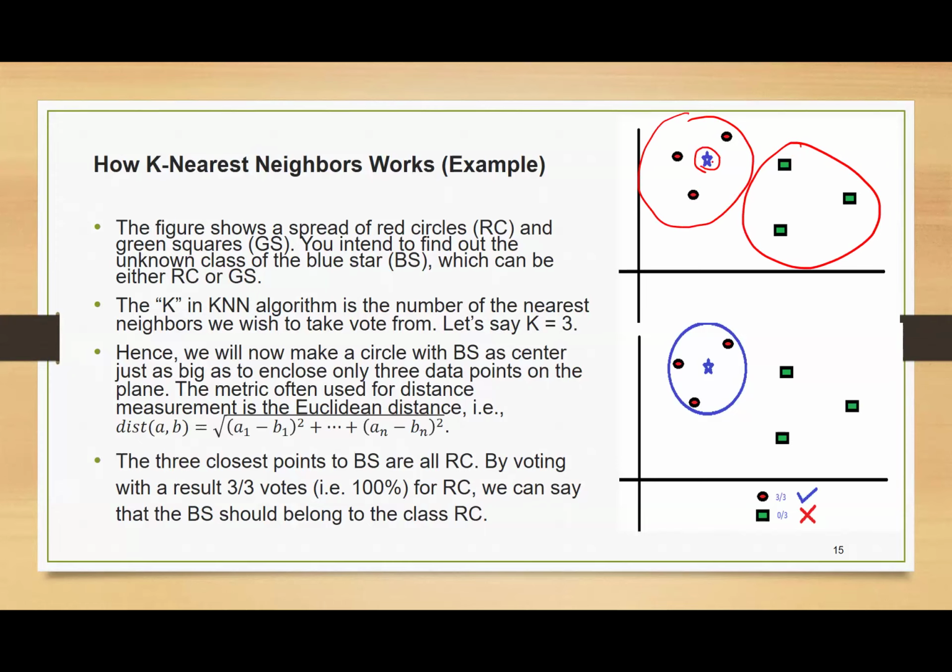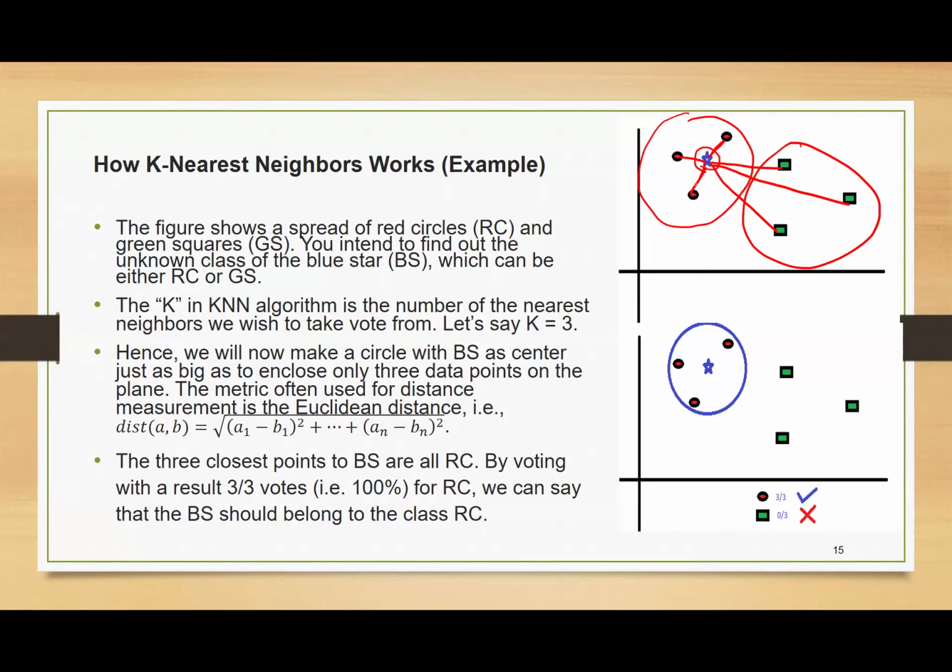In KNN, what we do is calculate the distance between this new sample and all other samples. We calculate all the different distances here. And then according to these 6 distances, we find the smallest values of the distance, which should be these 3.